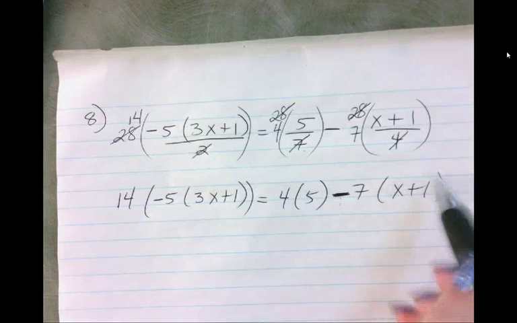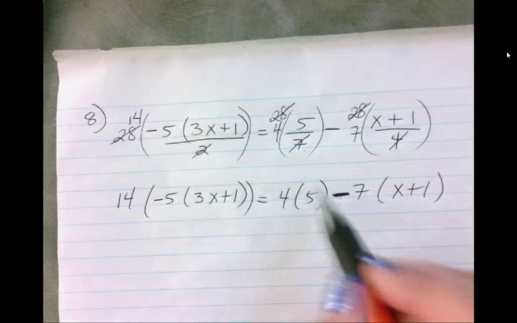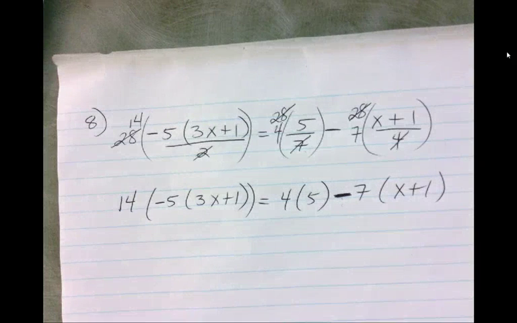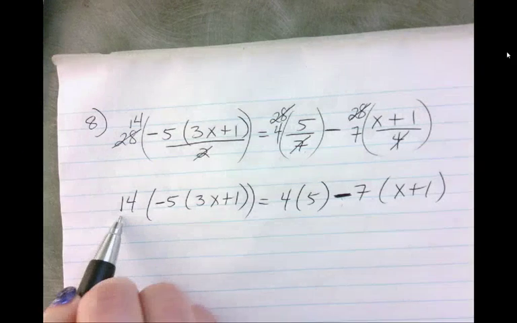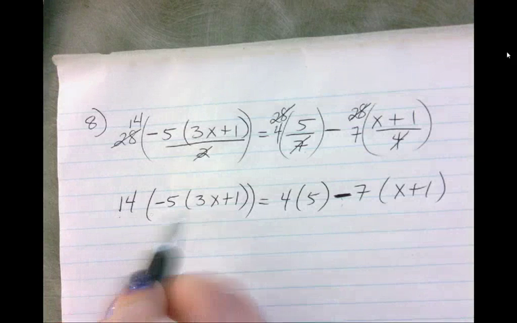Whatever this is here, it's going to be subtracted from the value of this. The next thing we're going to do is distribute my numbers through. We're going to multiply it out and just clean it up.